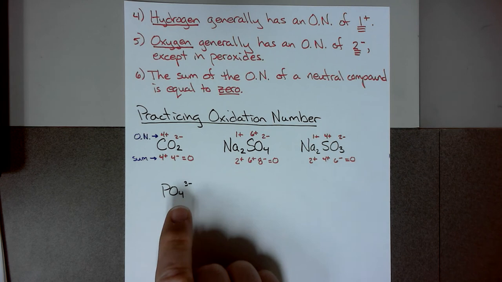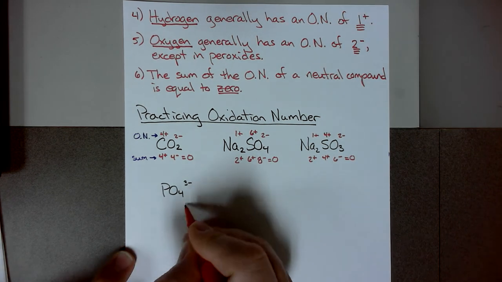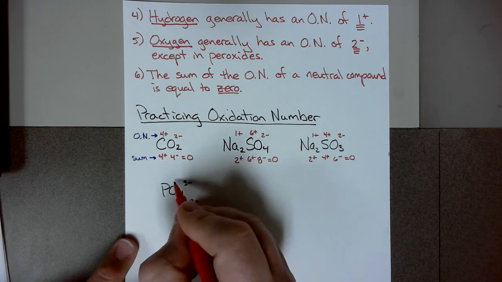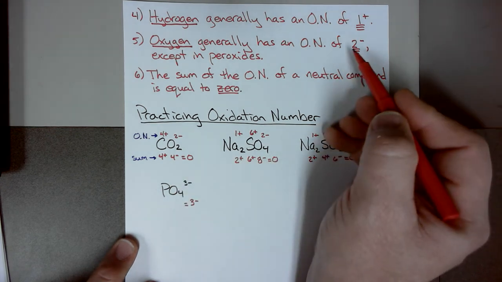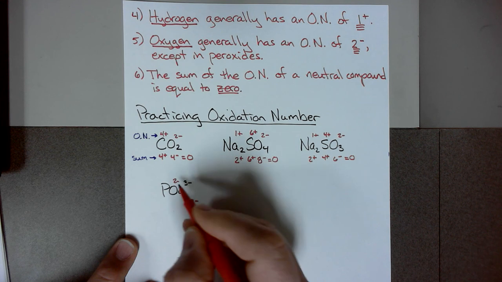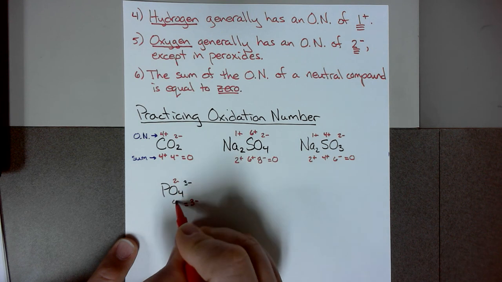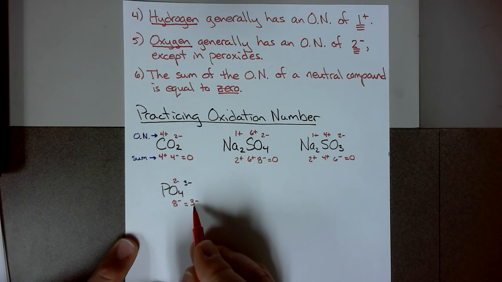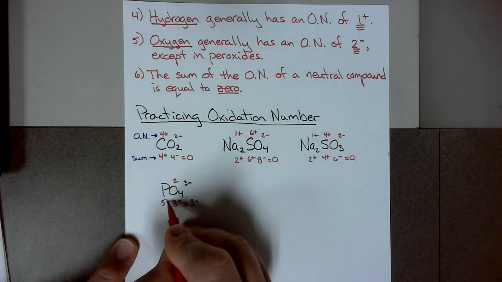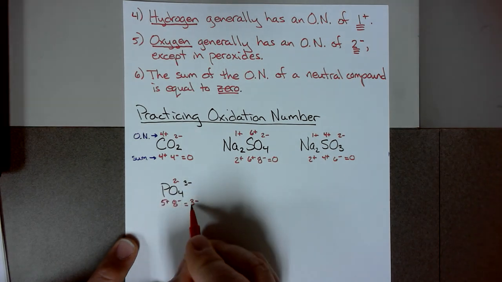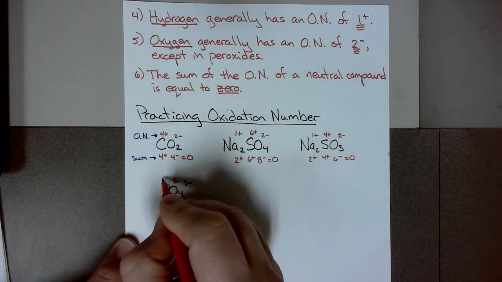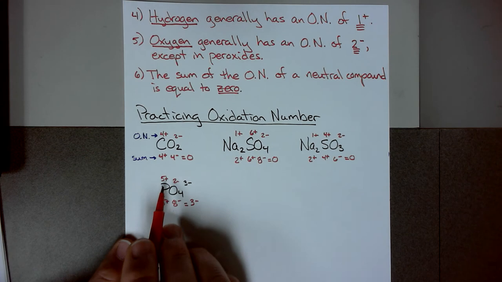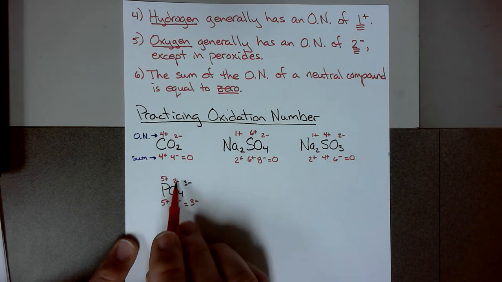So we know that we have to equal a 3- here. Oxygen, based on the rule up here, is a 2-. So 2- times 4 is 8-. And to have a 3- left over, this has to be a 5+, because those two added together gives you 3-. 1 phosphorus means that's a 5+. So phosphorus has an oxidation number of 5+. Oxygen has an oxidation number of 2-.